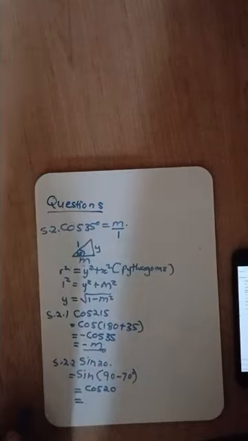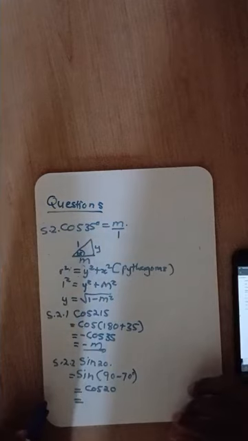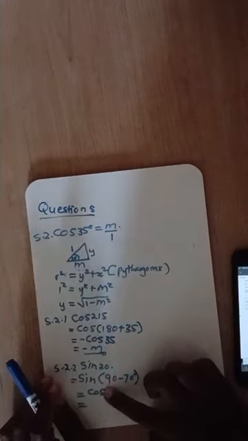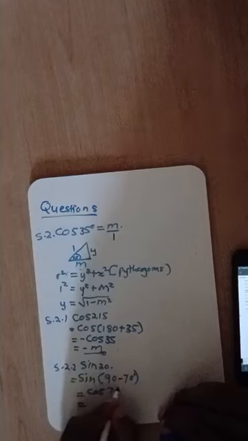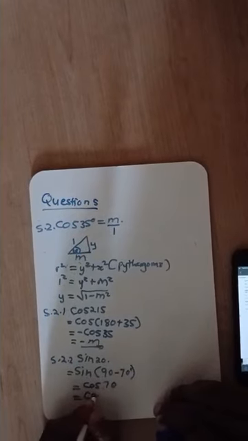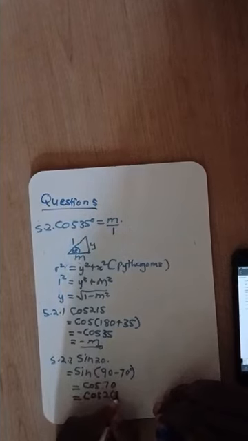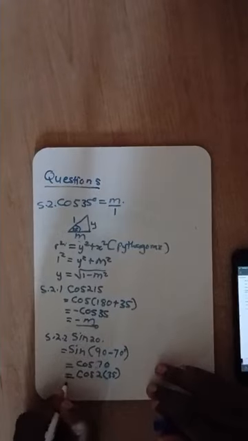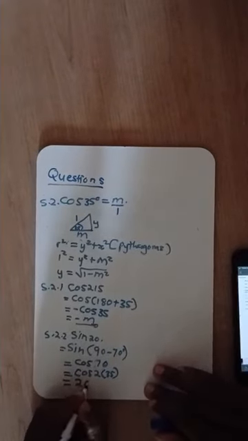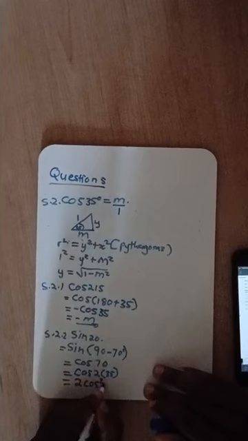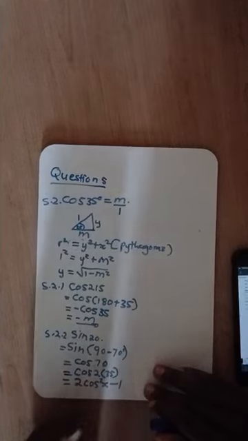Now when we look, what is our cos of 70? It's a double angle if you look at it: cos of 2 times 35. So this is 2 cos squared x minus 1.